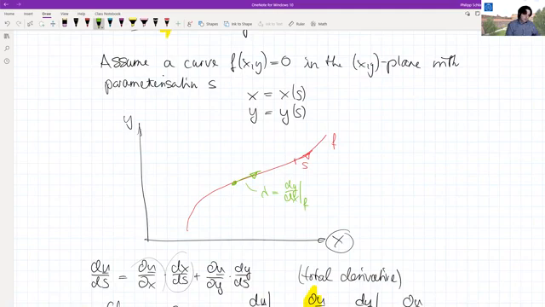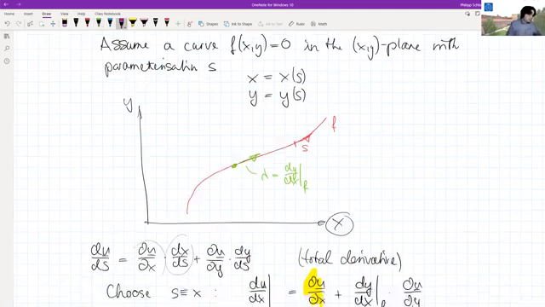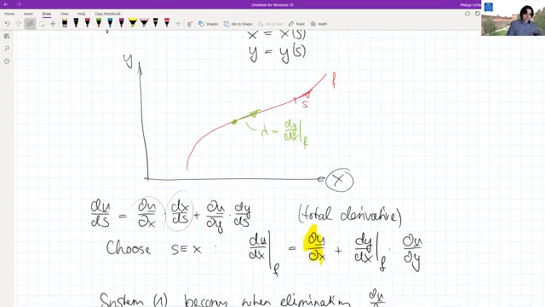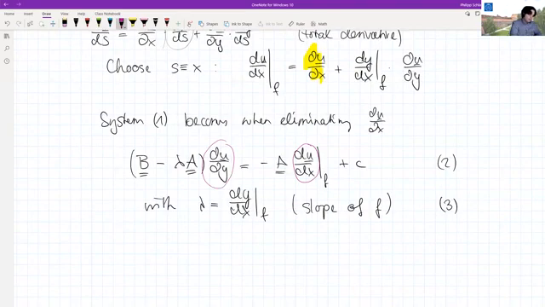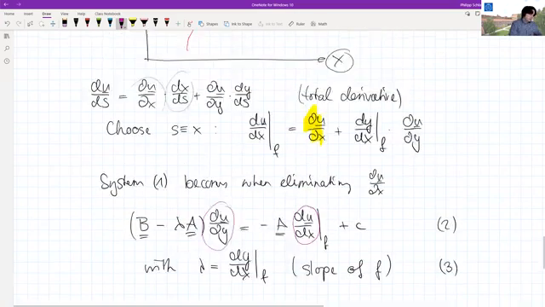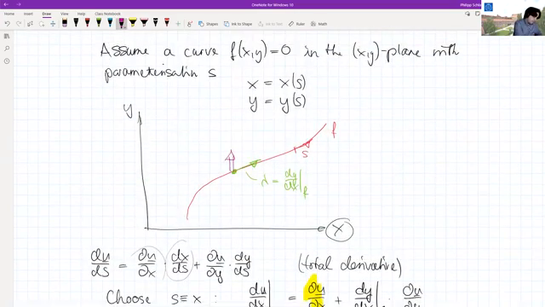What I can also indicate in this plot, and of course it's not so straightforward to do that, is that I have now two different derivatives. I have the derivative du dx, and I have the derivative du dy. Du dx is the total derivative, and du dy is a partial derivative. So I have the derivative of the solution in the y direction, and then the total derivative du dx in the direction of the curve.